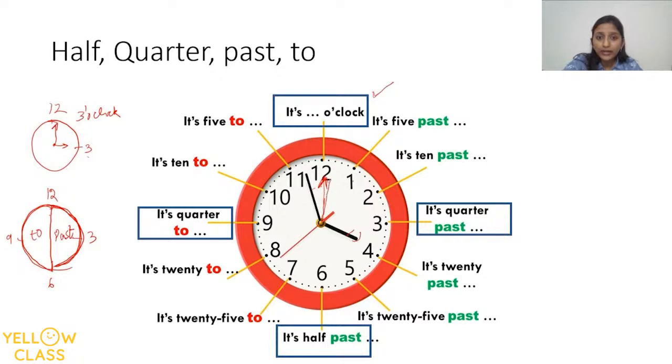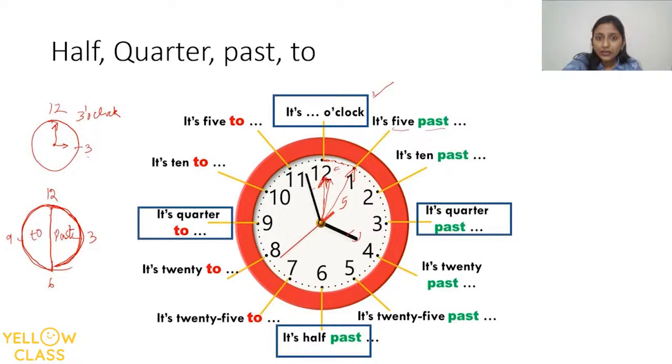If it moves one notch from here, it is passing 1 minute. Then 2 minutes, 3 minutes, 4 minutes, and 5 minutes. So when it reaches number 1, the minute hand has traveled 5 minutes. So it is 4 hours and 5 minutes, or I can say it's 5 past 4. Simple.